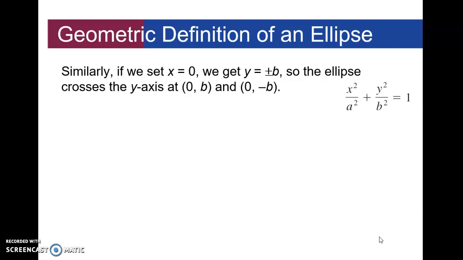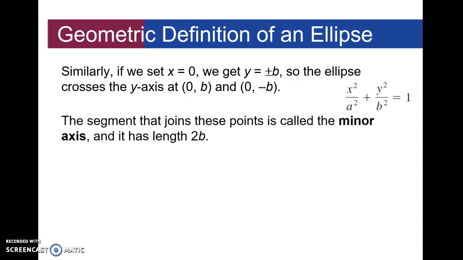I want to solve for y, so I'd multiply both sides by b squared, and then y squared equals b squared, so therefore y would have to be either positive b or negative b. So our y-intercepts on these ellipses are going to be at (0, b) and at (0, -b).